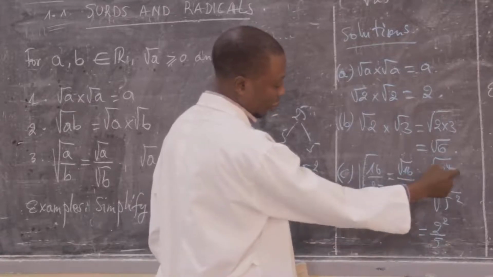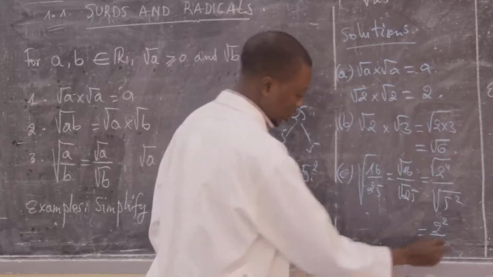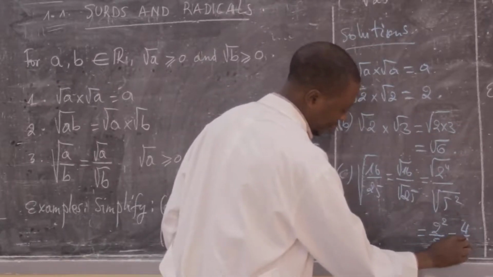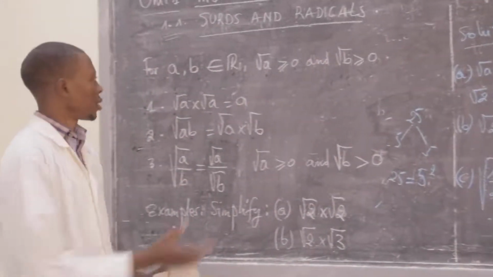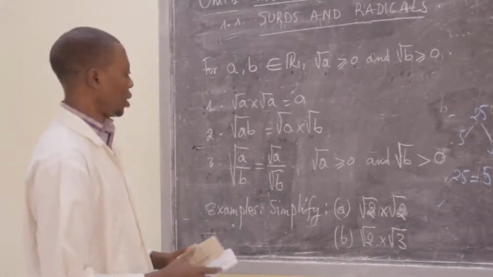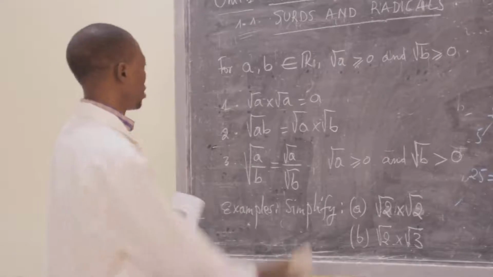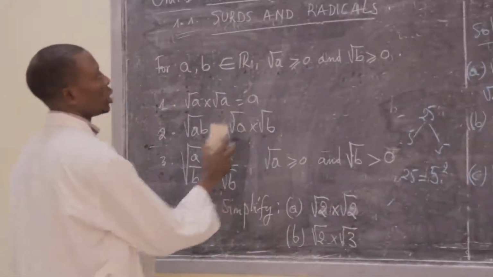Square root of 2 power 4 will be 2 power 2. Now this is 4 over 5. This is the result. Now guys, let us clean one part here in order to do the following. I hope this is clear. Then let us continue with part 2.